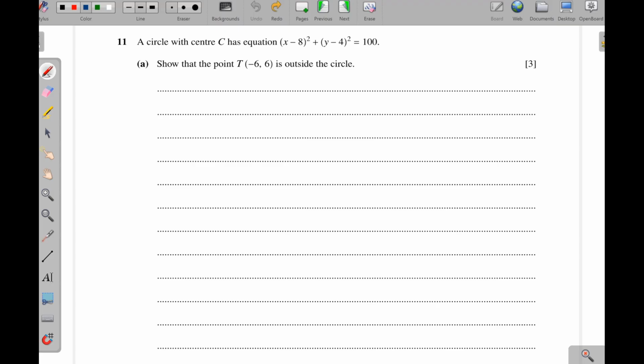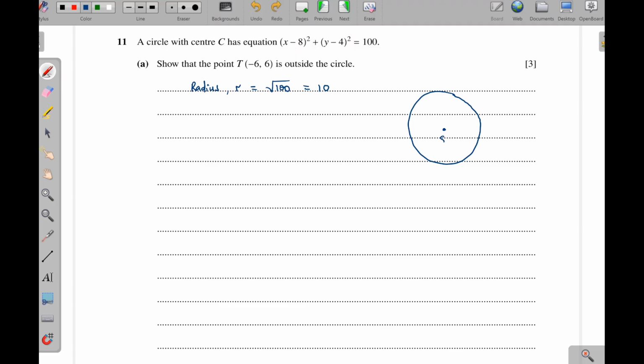So let us first find the radius of the circle. The radius r of the circle is going to be equal to the square root of 100, which is 10. You see that? Let me try to sketch this one here. The center will be (8, 4).